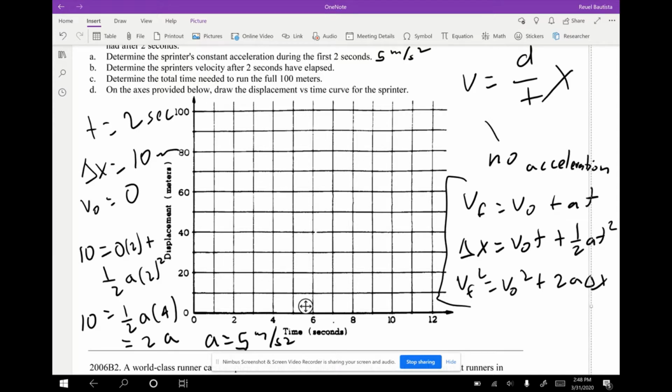Again, if you have an answer, just type it in the chat. Again, for part B, I want to know, determine the sprinter's velocity after 2 seconds have elapsed. What are we looking for there?